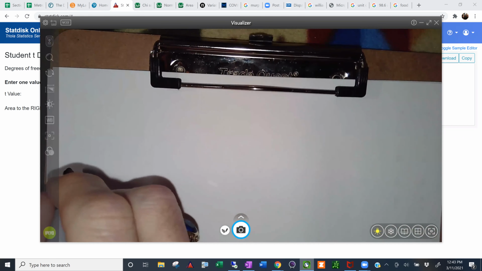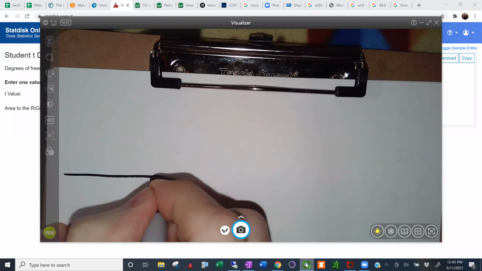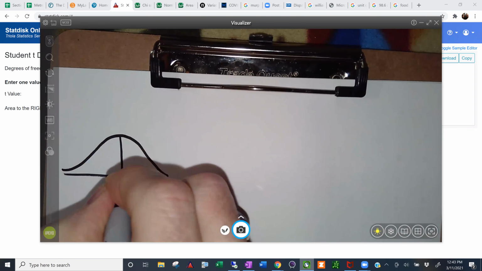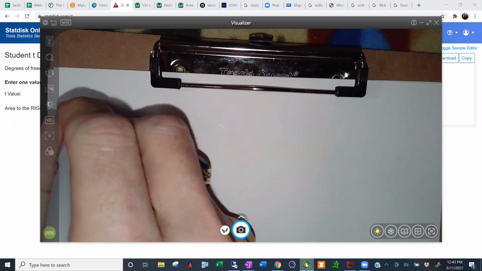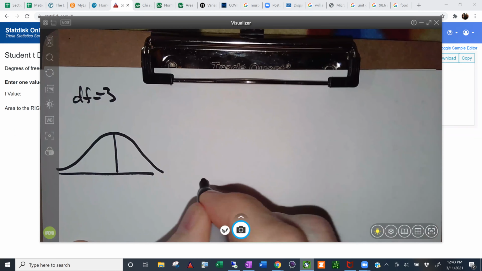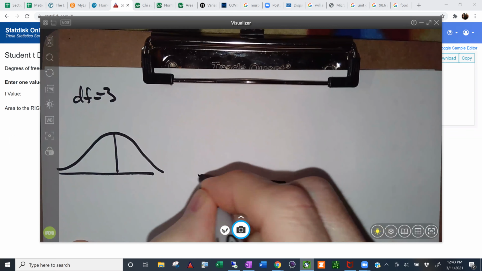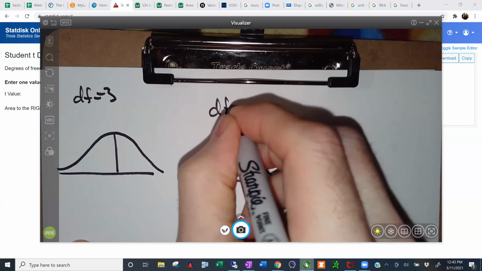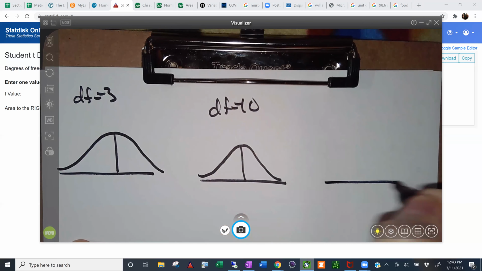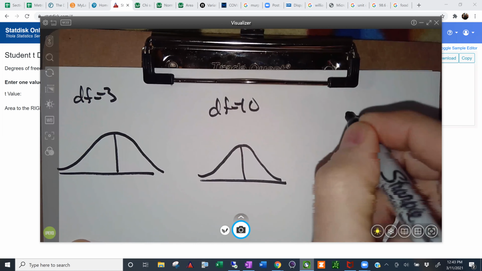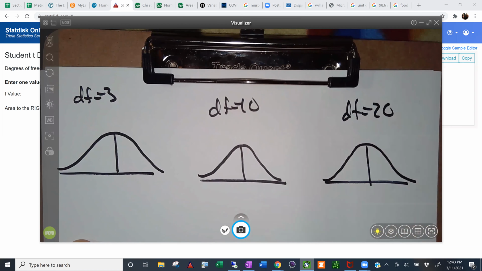And I want to illustrate that this way. We're going to look at the student t distribution for degrees of freedom equal 3, degrees of freedom equal 10, and degrees of freedom equal 20.